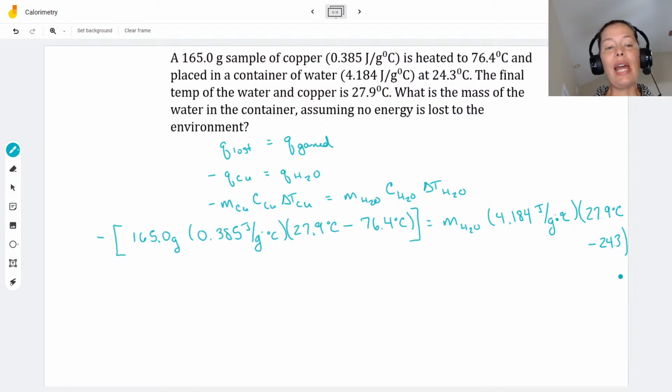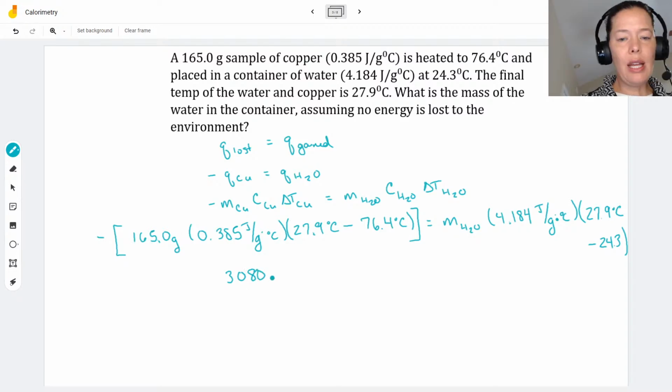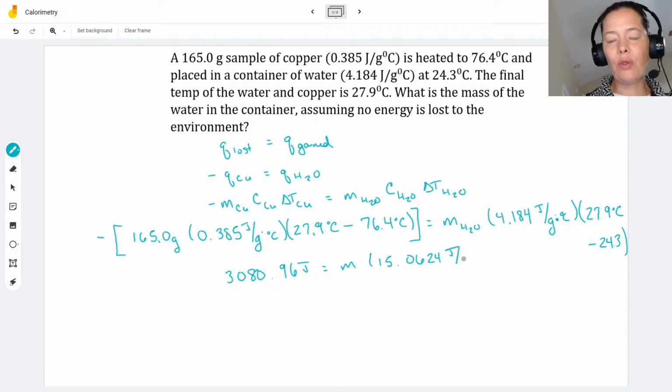All right, so now that I have all of my numbers in, now I can calculate what my mass of water is. So what I've got is 3080.96 joules, and that is going to equal mass times 15.0624 joules per gram.